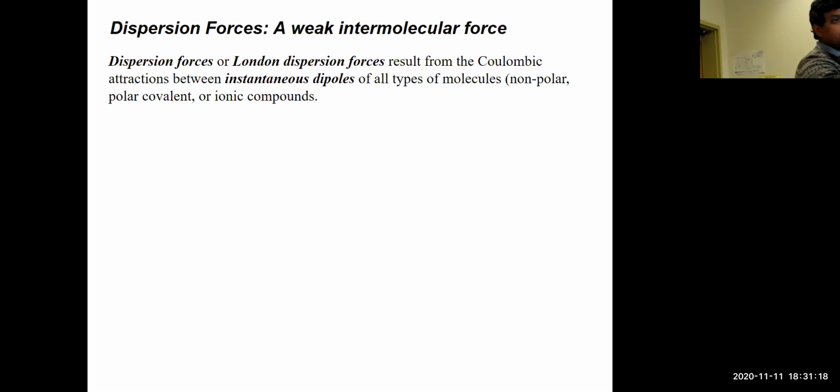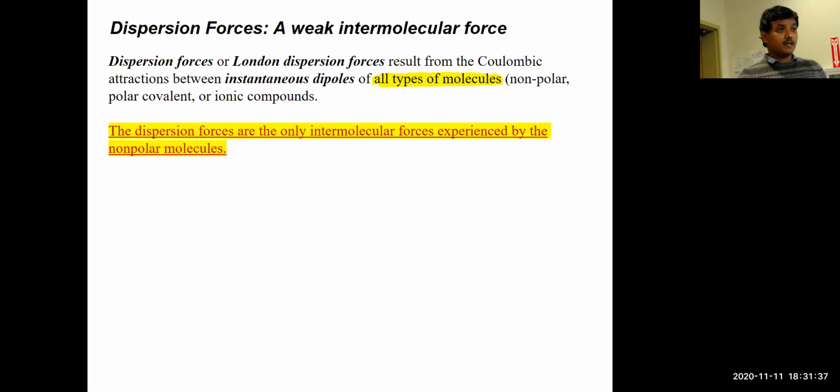All types of molecules is the keyword. So if you look at a molecule, you automatically think that it ought to have dispersion forces because it has an instantaneous dipole. I'm going to show you what instantaneous dipole means. It is the dipole that is created as a result of movement of electrons.